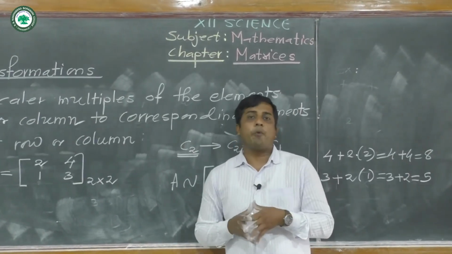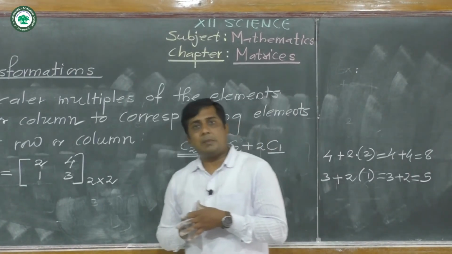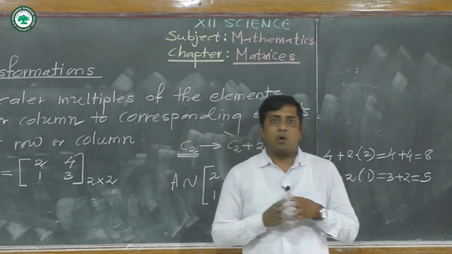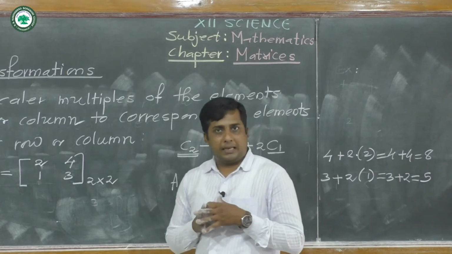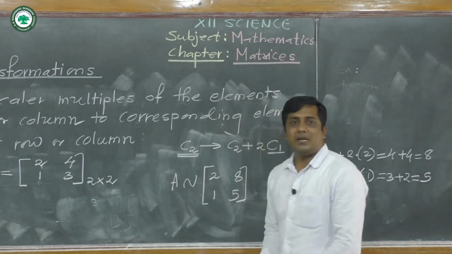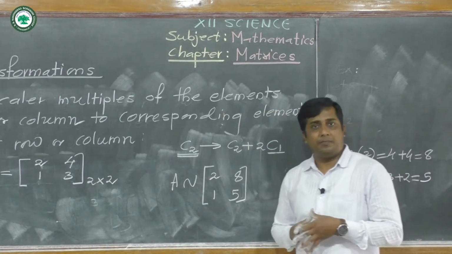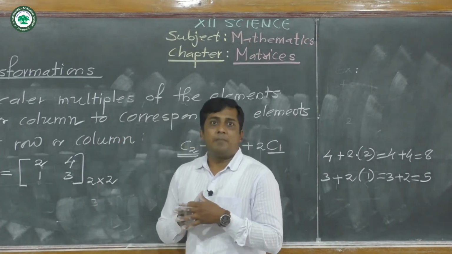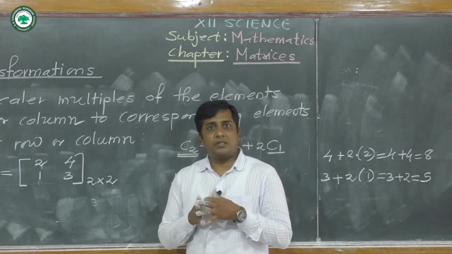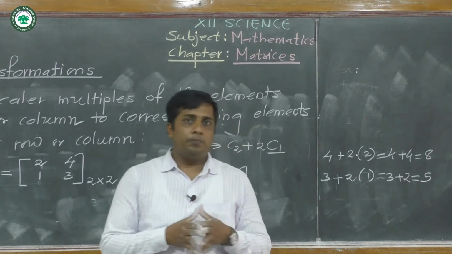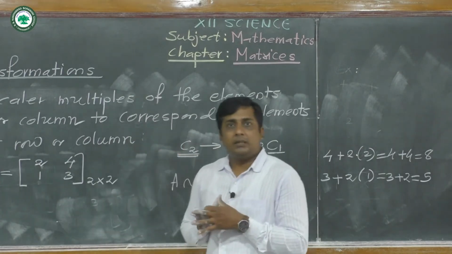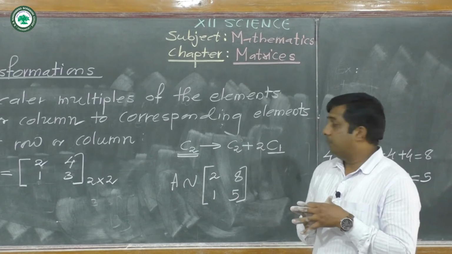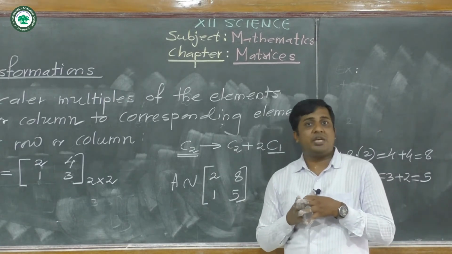Then in the second point we consider scalar multiplication, that is, we multiply some row or some column by a non-zero scalar k. And in the last we consider where we add our row scalar multiplication k into row first with any other row, or we consider scalar multiplication, that is, k Ci with Cj.